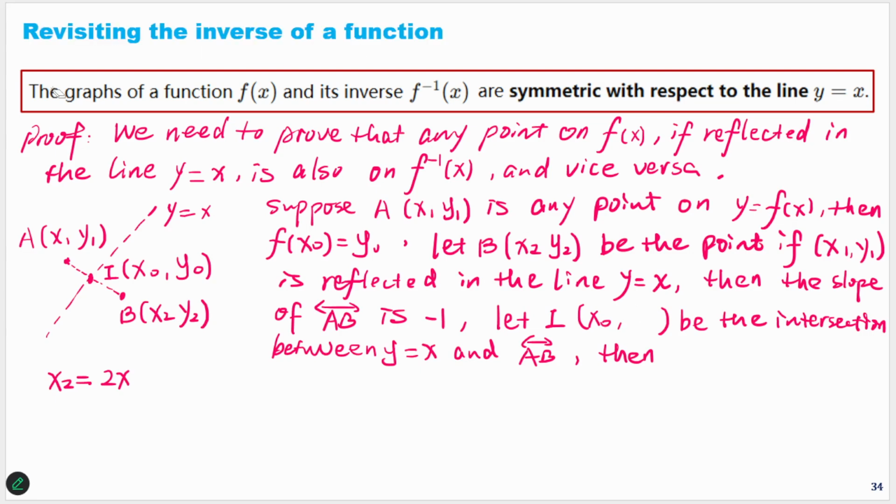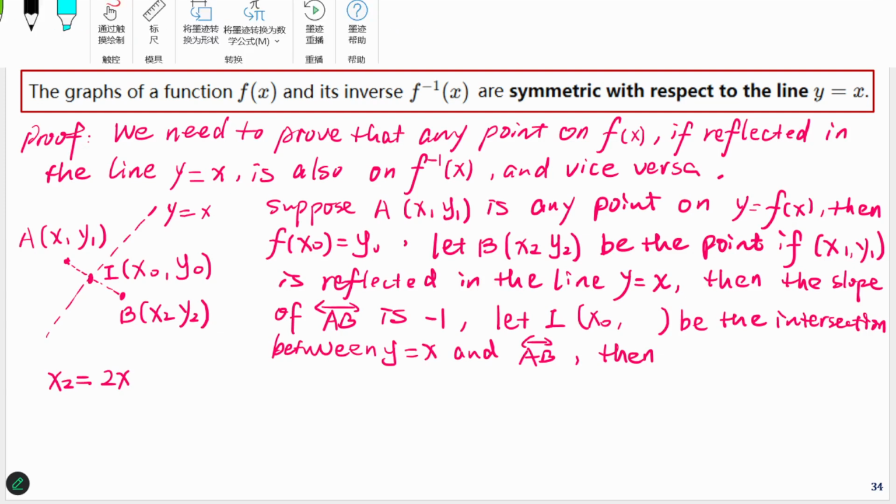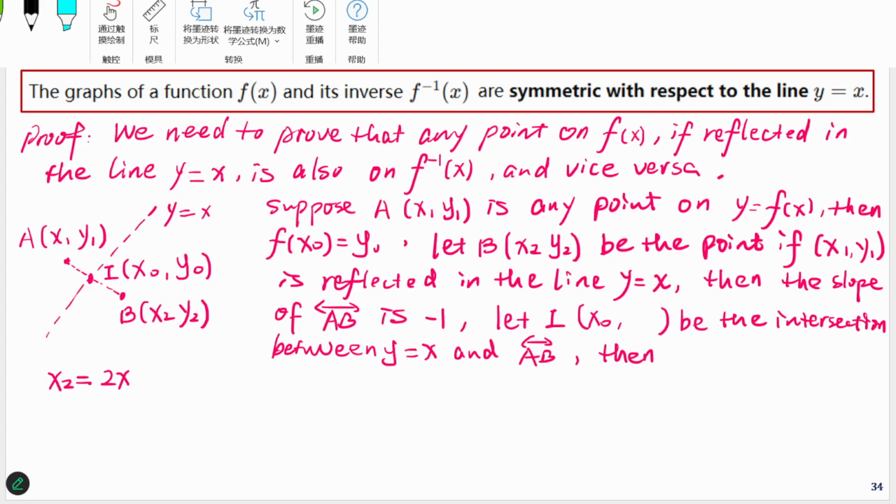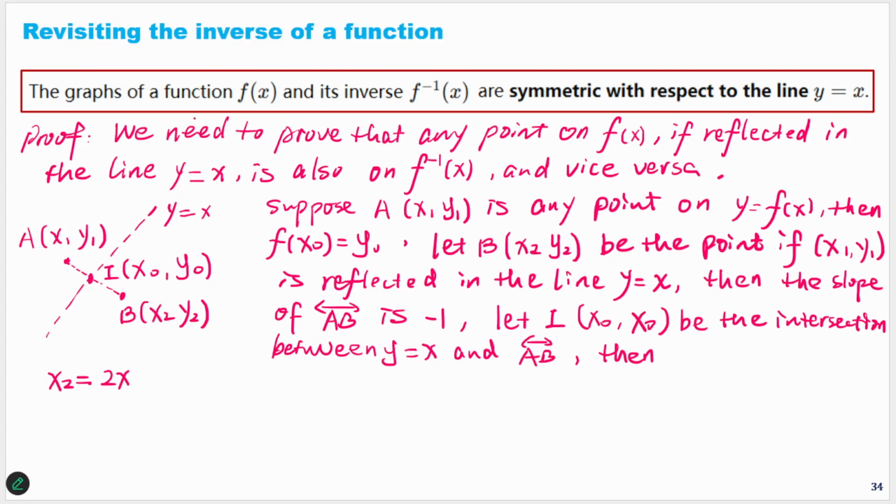So we can let the y coordinate of I be x0 as well. So let I be the intersection between y equals x and AB.